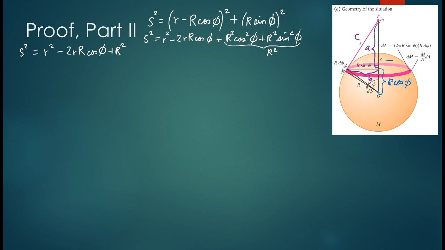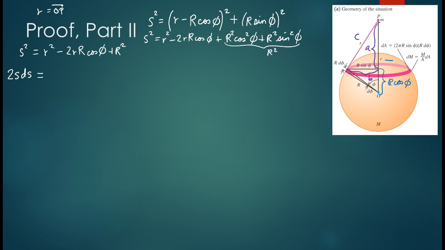Now what we're going to do is differentiate each side. So we can write 2s ds. s is going to be changing as we move around to different rings, so s is a variable. Little r is not a variable because it's just how far we are from little m to big O. So it's OP, in other words. So r is actually equal to OP in that diagram, and that's not changing.